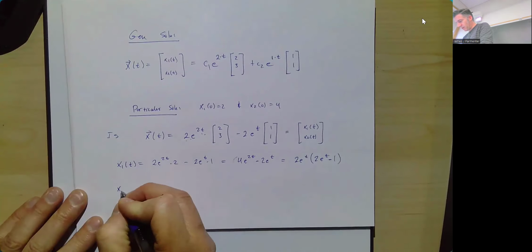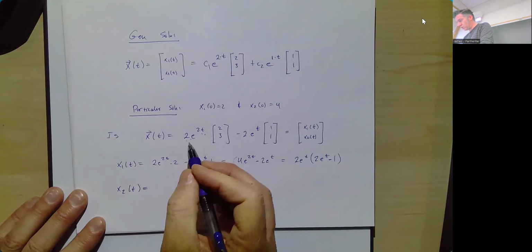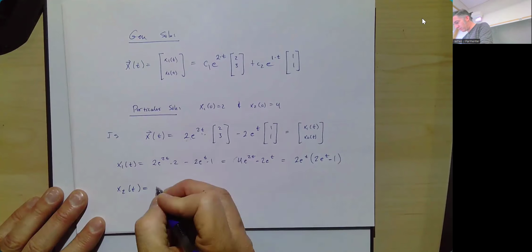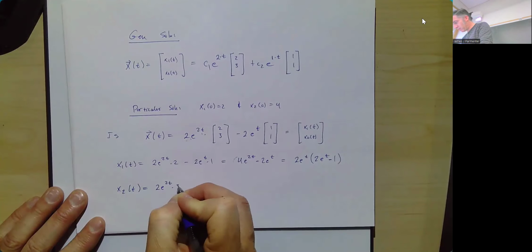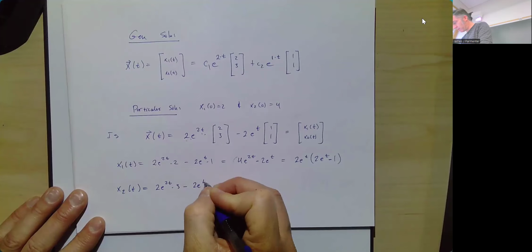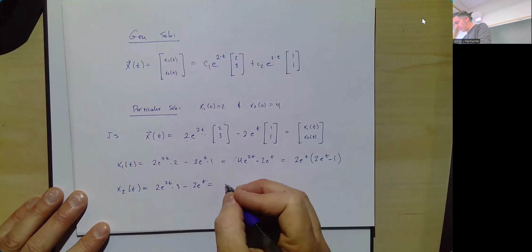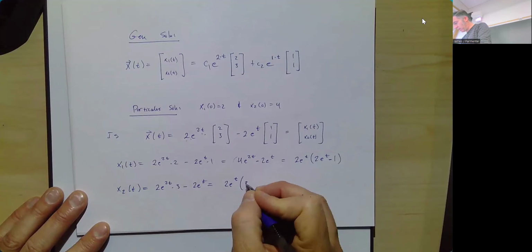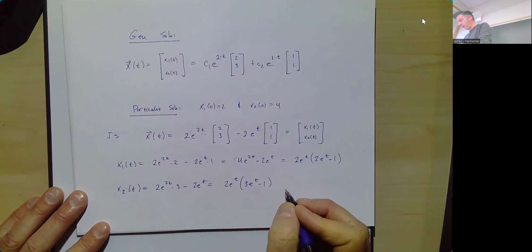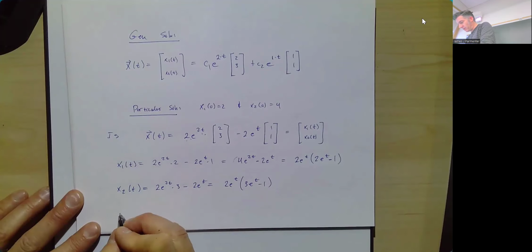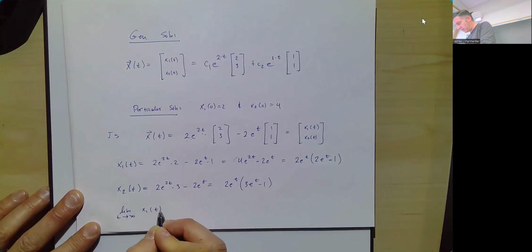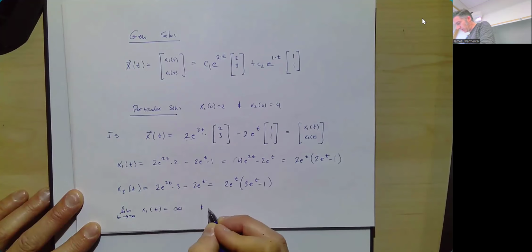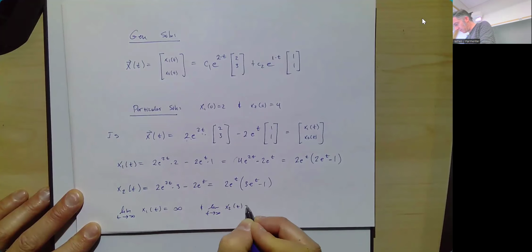Similarly, x2 of t is 2e to the 2t times 3 minus 2e to the t, and I'm going to factor out the 2e to the t again, just for fun. I'm left with 3e to the t minus 1. So again, we can see that the limit as t goes to infinity of x1 of t is infinity, and the limit as t goes to infinity of x2 of t is infinity.